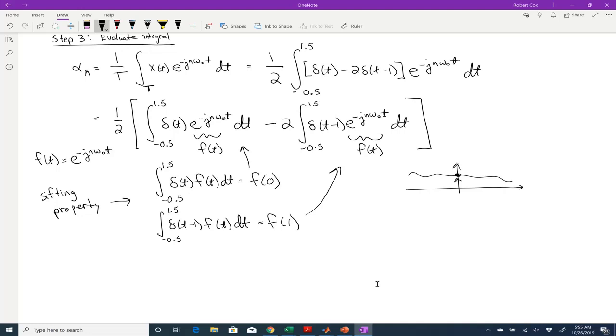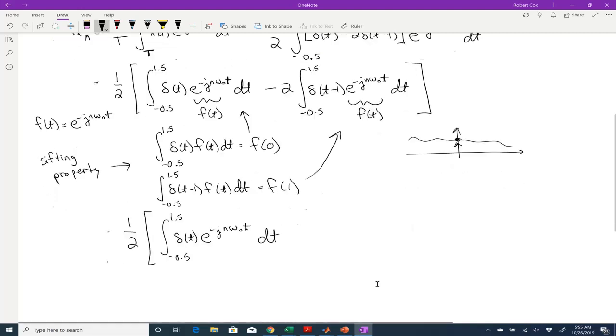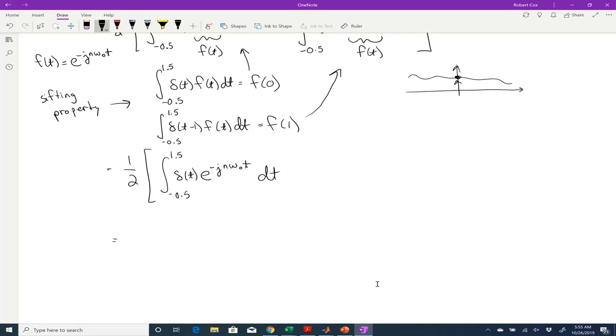Okay, so if I apply that to the integral that I was doing, so that's 1/2 times, just to write it out, negative 0.5 to 1.5 delta of t, if my f of t is e to the negative j n omega naught t dt, all right, I'll come back and do the second half of the integral in a second.